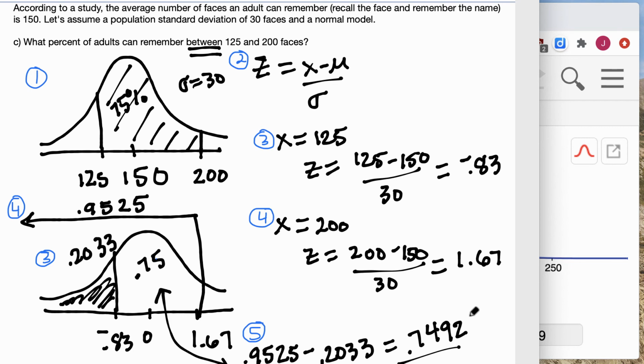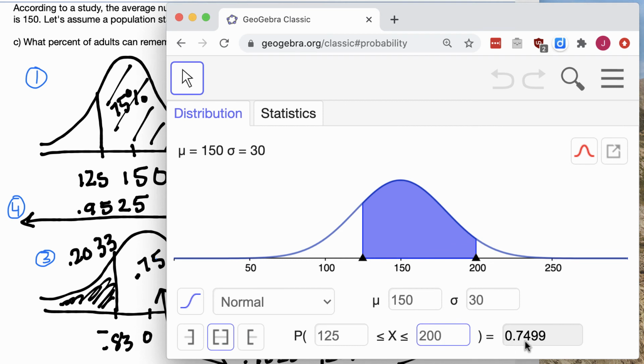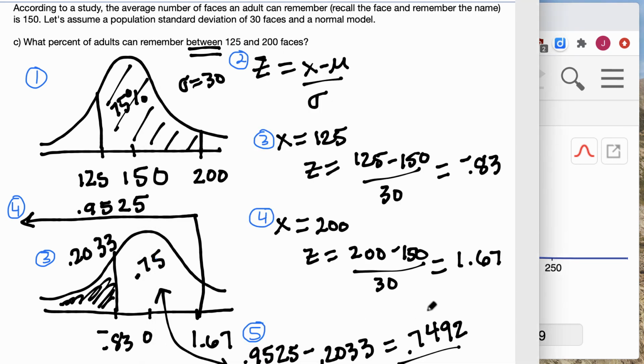Now let's go back and compare that to GeoGebra, because we got in with GeoGebra 0.7499, working by hand 0.7492. They're pretty close. There is going to be rounding error when you're working by hand because your z-scores had to be rounded before you could get to your answers. So the answers will seem pretty similar.